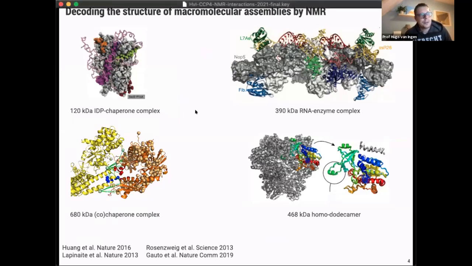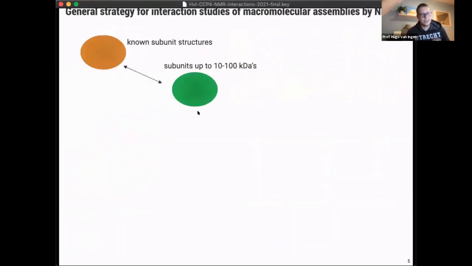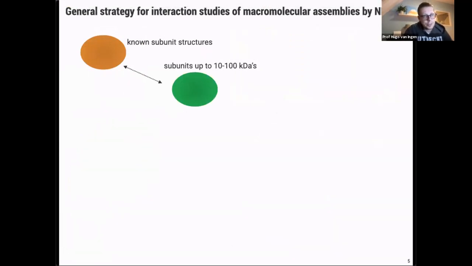So the general strategy to do this is that you have, of course, your subunits of the complex, and you need to know the structures of these subunits. If you do not know it, then you will have to determine those structures first. The subunits can be anywhere 10 to 100 kilodalton, let's say. And what you then use the NMR for is to get structural information on the interaction.